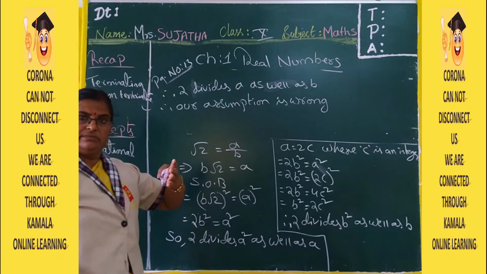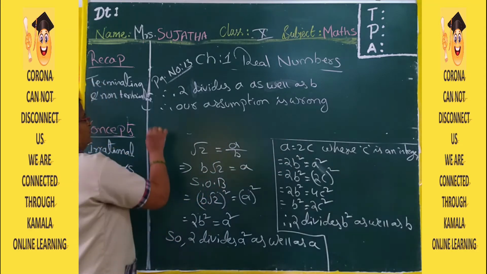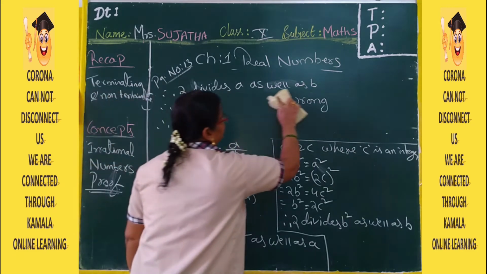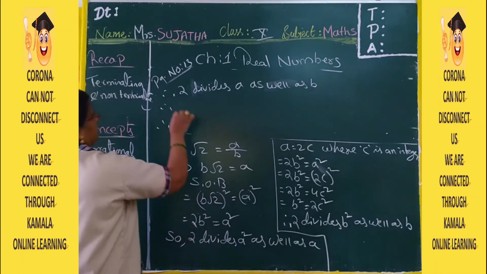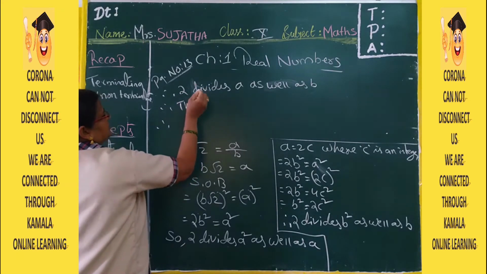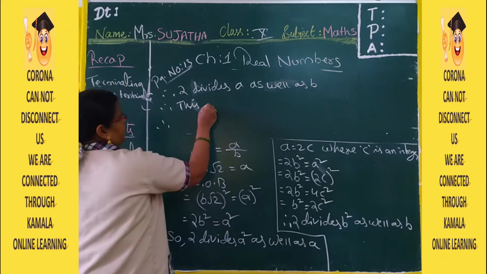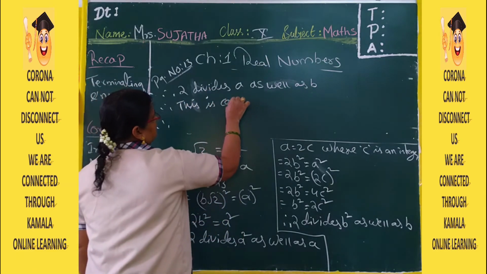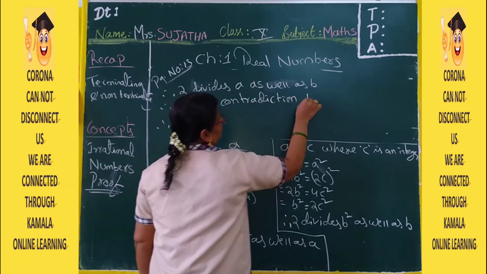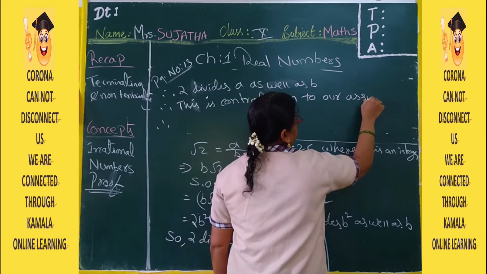And what you assumed, that is a contradiction to our assumption. What will you write? First you have to write that one: 2 divides a as well as b. So this is a contradiction to our assumption.